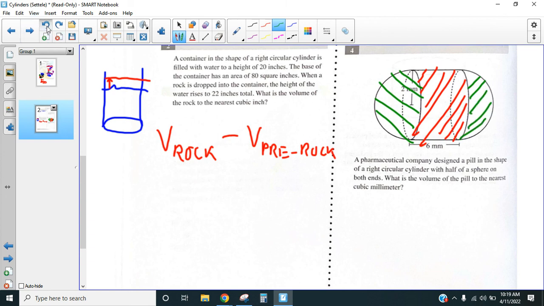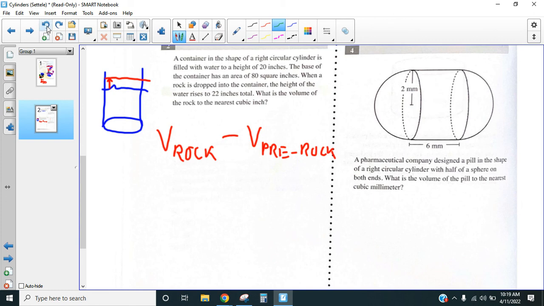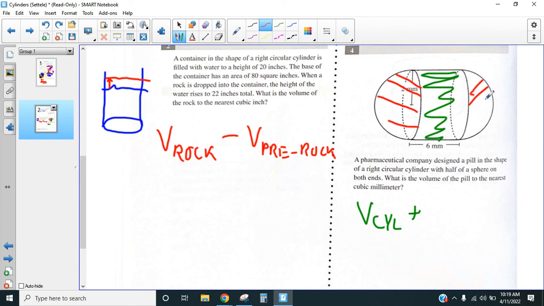So what do we need to do? We need to use both formulas. You need to do, what's the volume of the cylinder in the middle? And add to it the volume of the sphere on the outside. The thing with the volume of a sphere is you only need one input. The only thing you need to plug in is the radius.